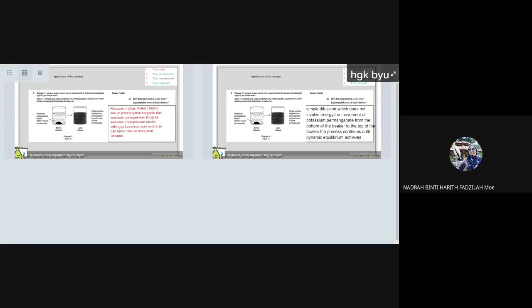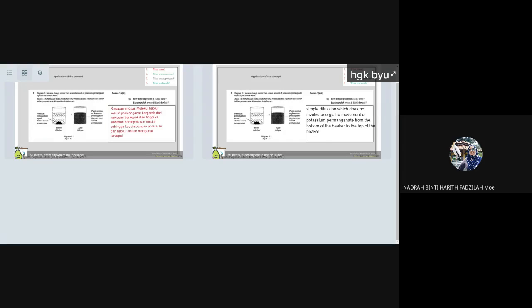Kan? So at the end, clue yang terakhir tu ialah what is the end result? At the end of diffusion, the whole water in the beaker turns to black. Tak apa, tulis achieve dynamic equilibrium tu pun betul. Macam mana kita tahu dah capai dynamic equilibrium?